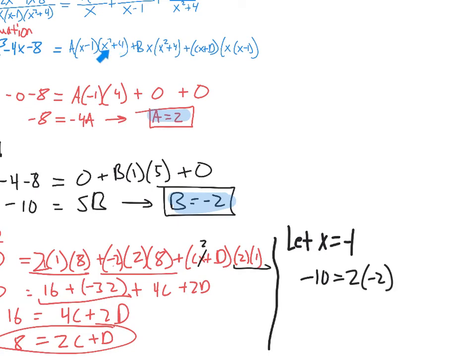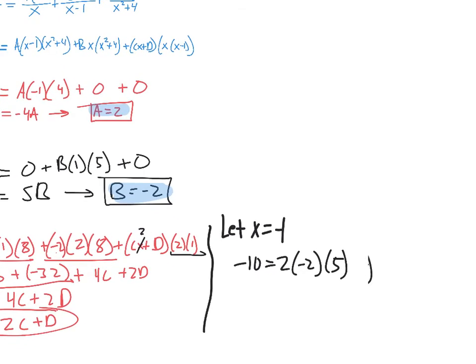Plug in negative 1, we get 5. Negative 1 squared is plus 1, right? Now let's come over here. b is negative 2. So we've got plus negative 2 times x is negative 1, and then 5.